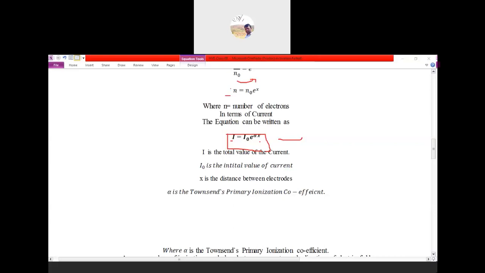Here d is the distance between the two electrodes. This is all about the Townsend primary and secondary ionization process.